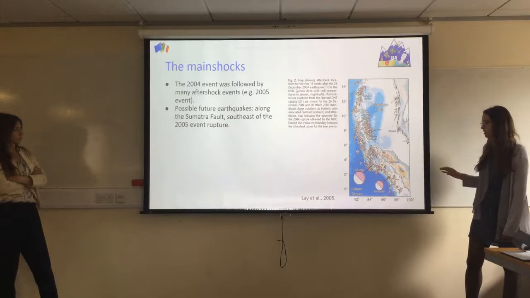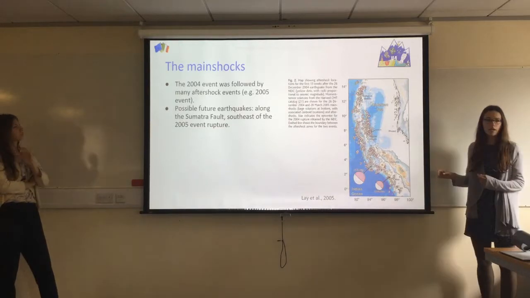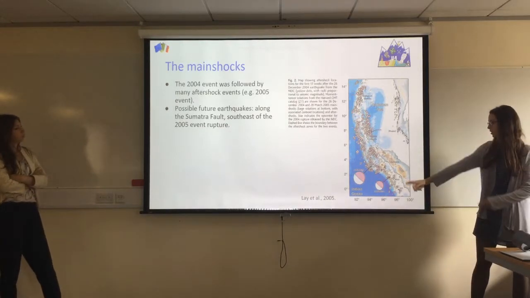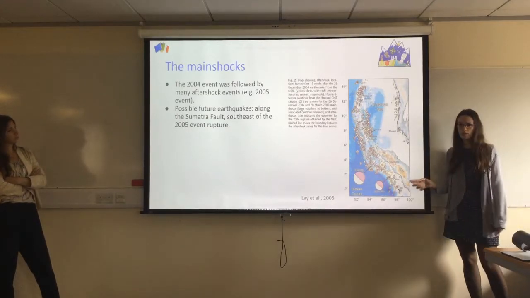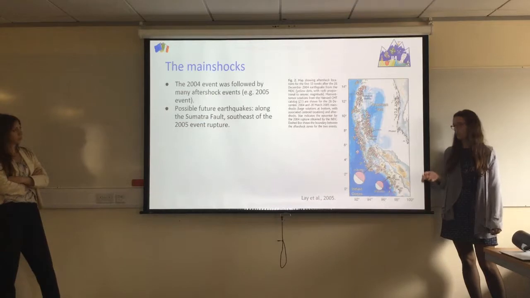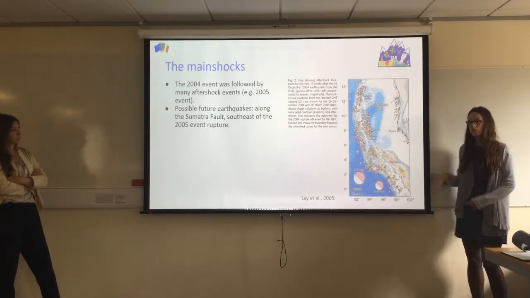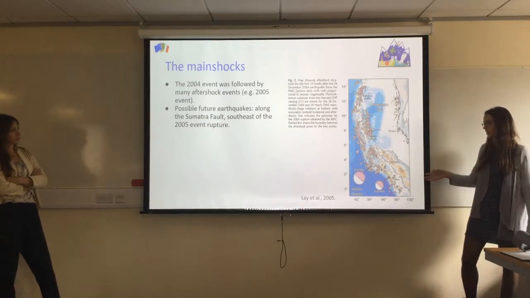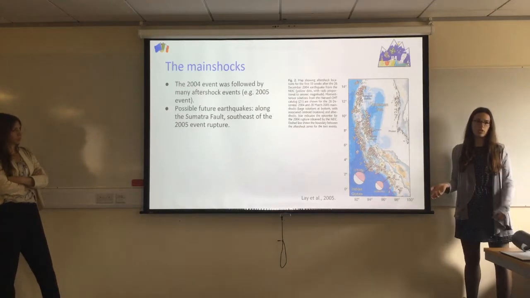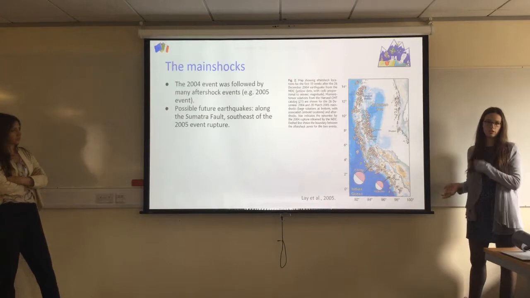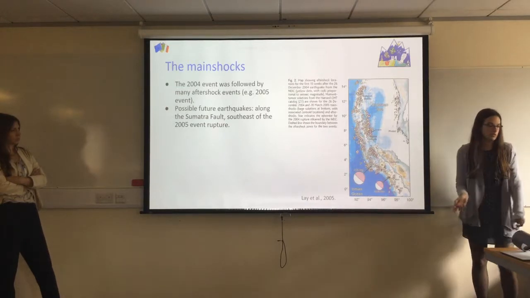In this area, it's possible that a large earthquake will occur in the future, because the last event in this area occurred more than 200 years ago. So now all the plates have accumulated a lot of strain, and it's possible that a new big earthquake will occur.